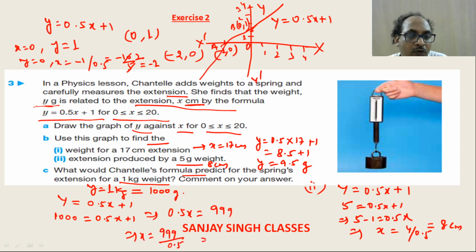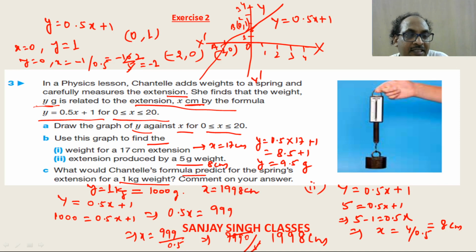Removing the decimal, it becomes 9990 by 5. If we divide, we get 1998 centimeter. So x is equal to 1998 centimeter.